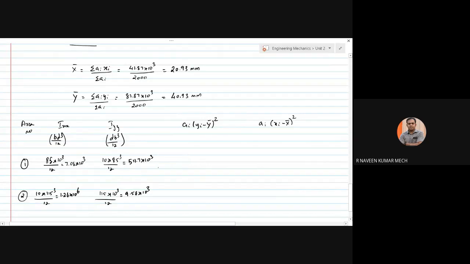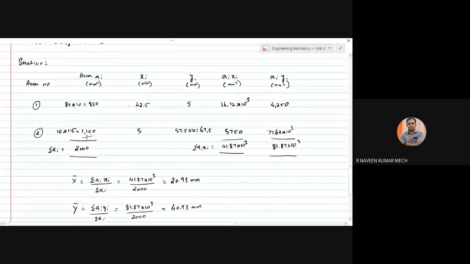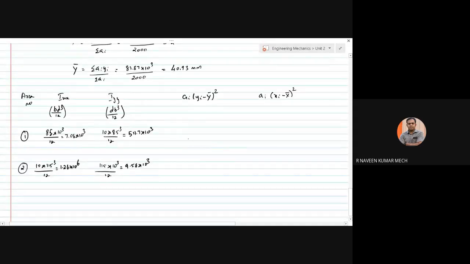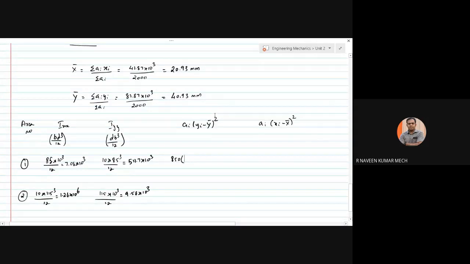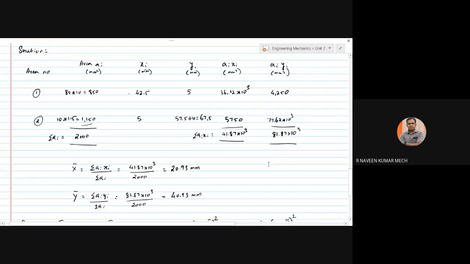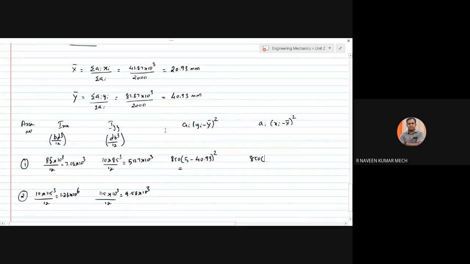I'm writing here: we know that the areas are 850 and 1150. 850 into yi value is 5 minus 40.93 whole square, and here also 850, xi value for the first one is 42.5, minus x bar 20.93 whole square.